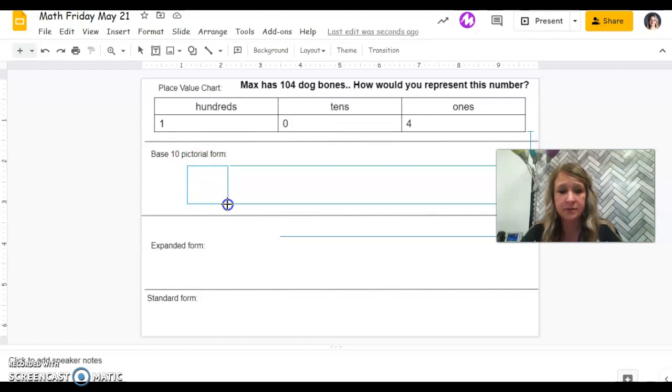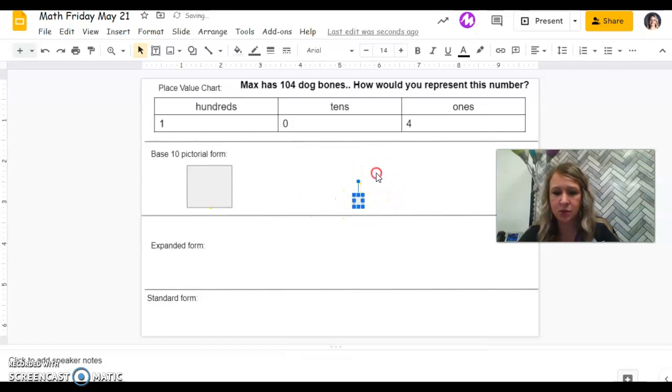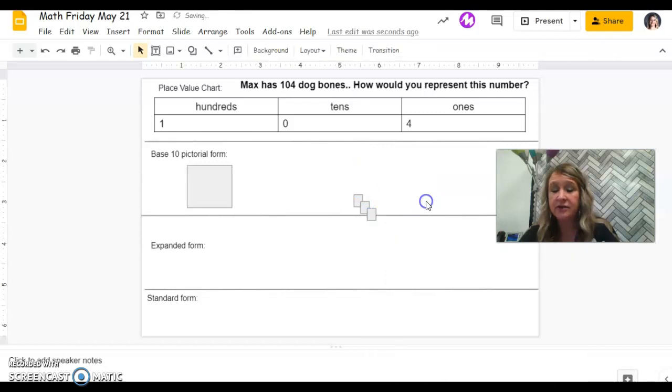Let's see if I can make a big square. There we go. There is my 100. This says I have 100. How many tens do I need to draw? 0. How many ones units do I need to draw? 4. So there's 1, 2, 3, and 4.